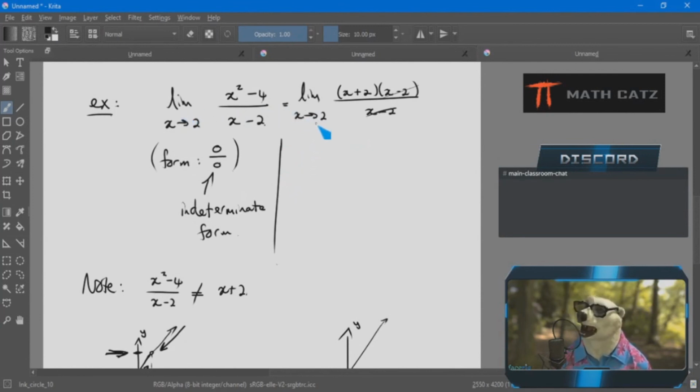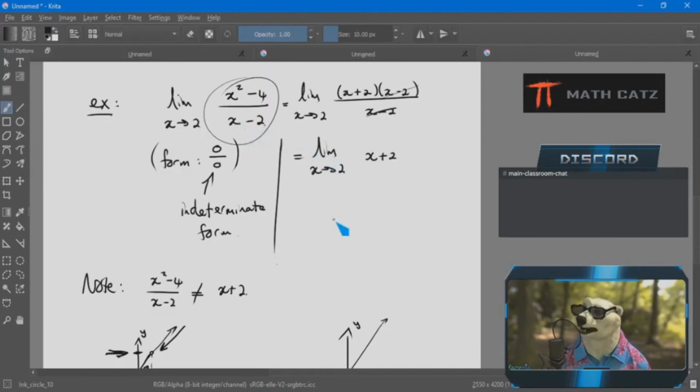So by having limit in front, I'm asking the behavior of this function, well, it's the same function, I can now say is the same as the behavior of the function I get when I cancel the two pieces, because I'm not at x equal to 2. I'm not actually going to plug in a 0.